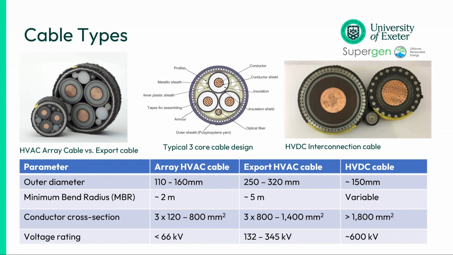But similarly, say it's the armoring. If the armoring fails, your cable will still be working for a while, but then all the loads will be that much amplified on the different layers that very soon afterwards the sheath will also go. So I think the answer is none of those layers is allowed to fail. They all have to survive. So you rely on all of those layers to survive.